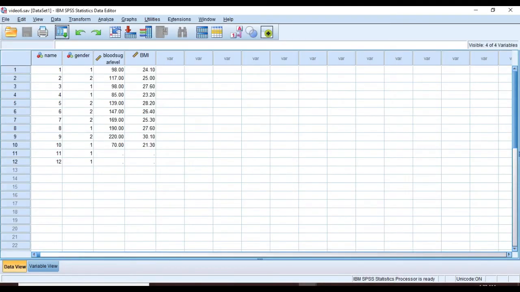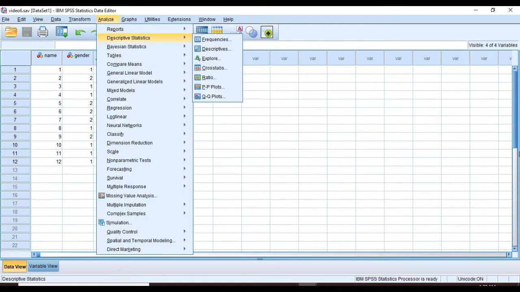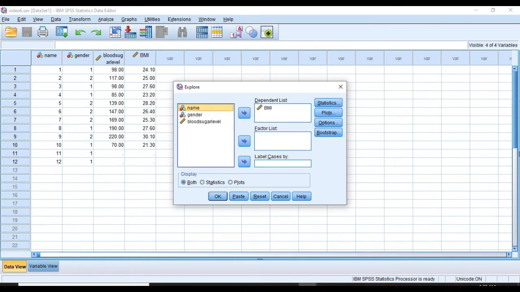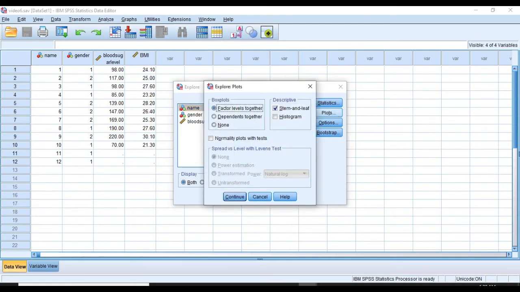To find out whether our dataset is normally distributed or not, go to Analyze, Descriptive Statistics, Explore, put it in Dependent, and choose Plots, Normality Plots with Tests, and Continue, and then OK.